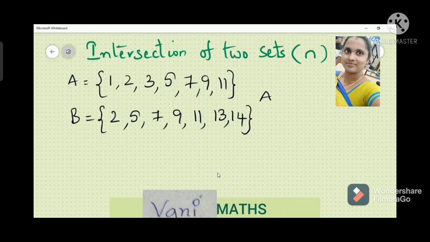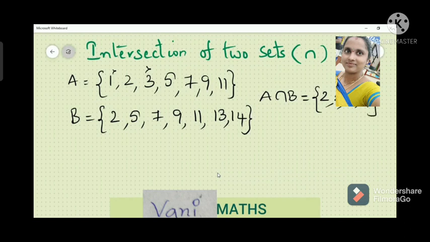Now, we define A intersection B as the set containing elements common to both A and B. That means it should be in A as well as in B. Is 1 there in A and B? No. 2? Yes, write it down here. 3? No. 5? Yes. You will write it in A intersection B. 7? Yes, we have 7 in both A and B. What about 9? Yes, we have. Next, what about 11? Yes, that's all.